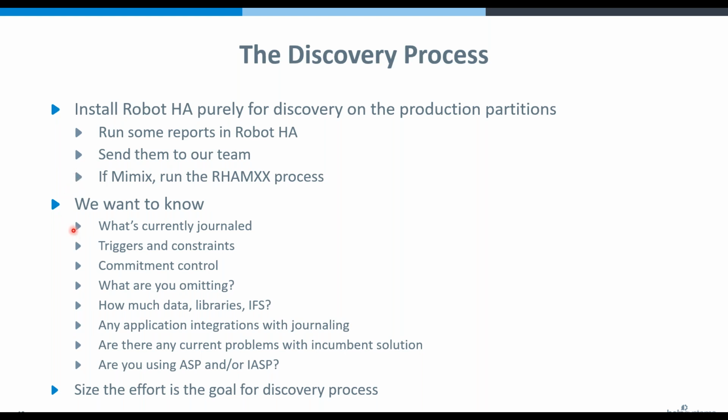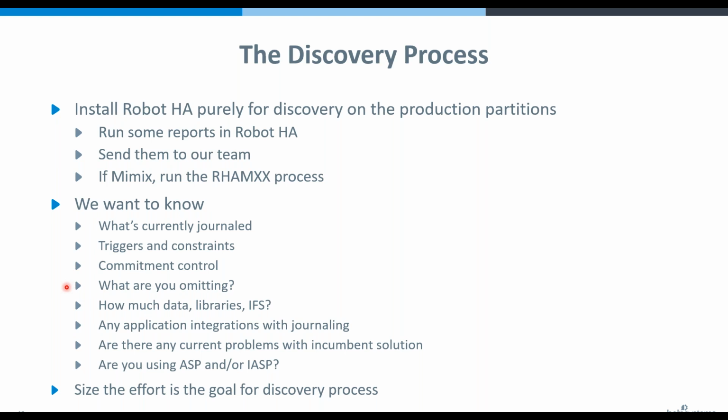Tom, I was going to say, it's important that we understand your journaling, right? And everything else. So maybe you can walk through why some of these things are important. Yeah, and really we have reports for all these. So that's the journaling reports, triggers and constraints. We talk about commitment control. We do have a report that pulls that. We need to know what objects are being omitted.